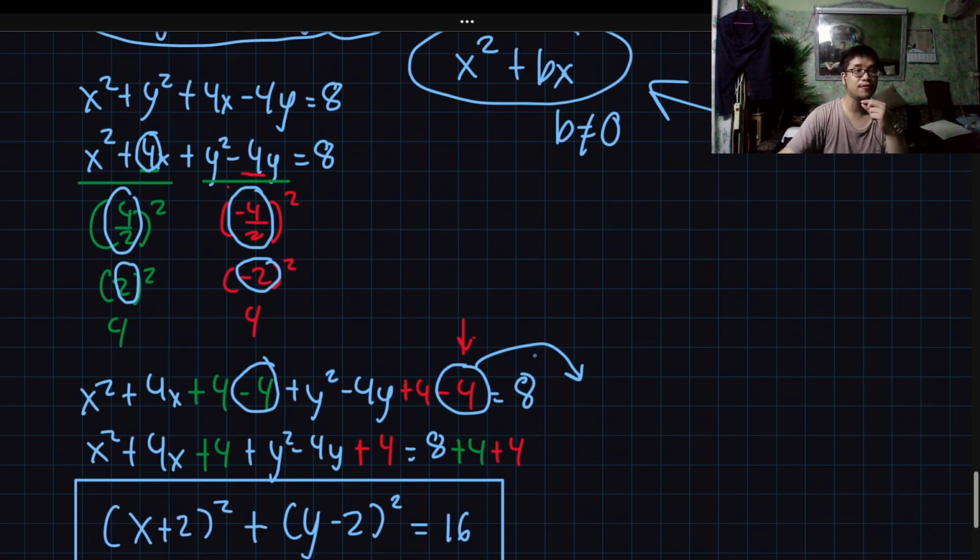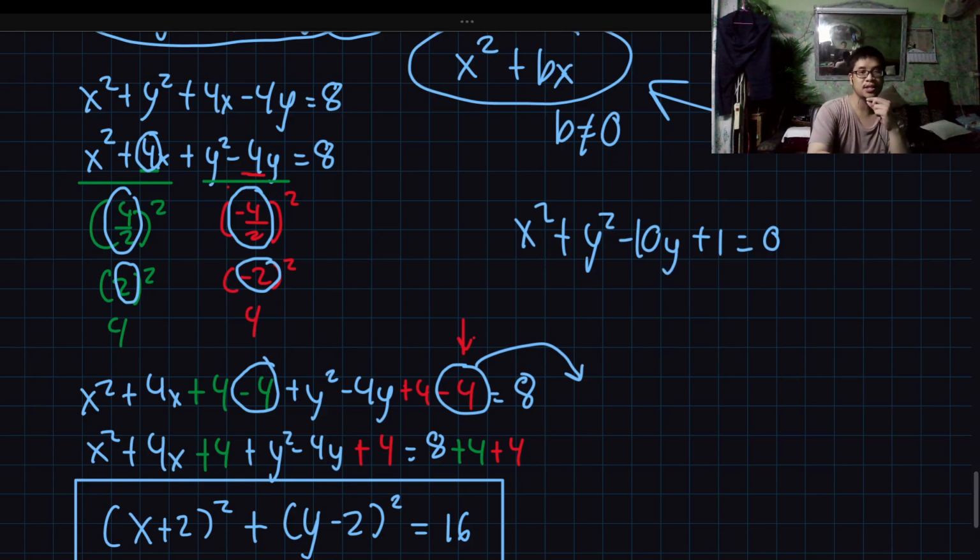But point being, what if, for example, I have x squared plus y squared minus 10x plus 1, like that? There's no y, just x. And vice versa, what if instead of x, only y exists, there's no x? What are we going to do?